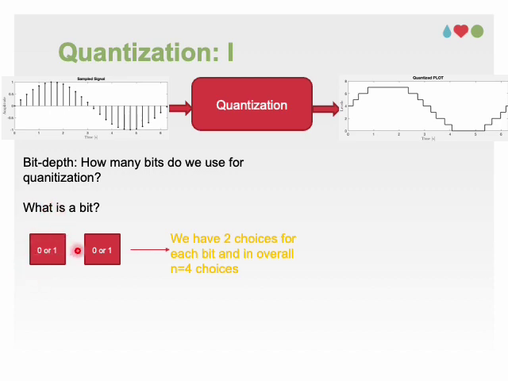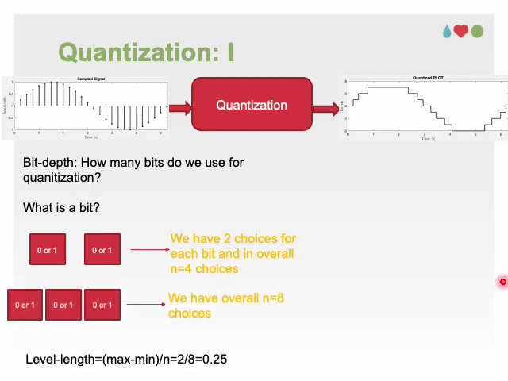With 2 bits, at each bit we have 2 selections, 0 or 1. For this one, 2, for this one, 2, and therefore the total number of selections, or number of levels in the vertical axis, becomes 4. N equals 4, the number of levels.